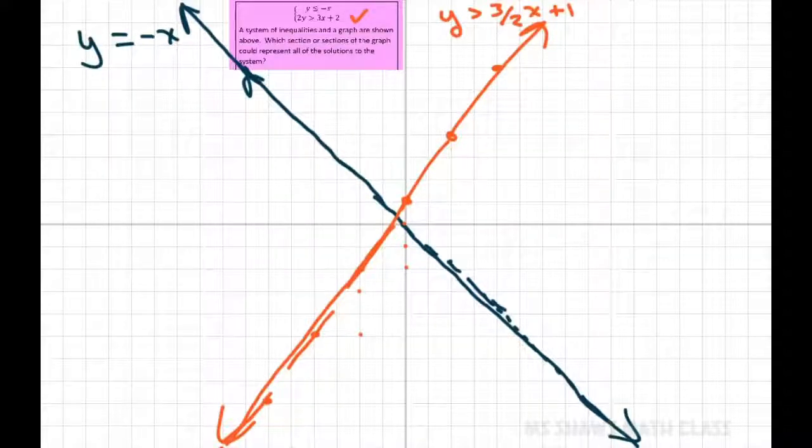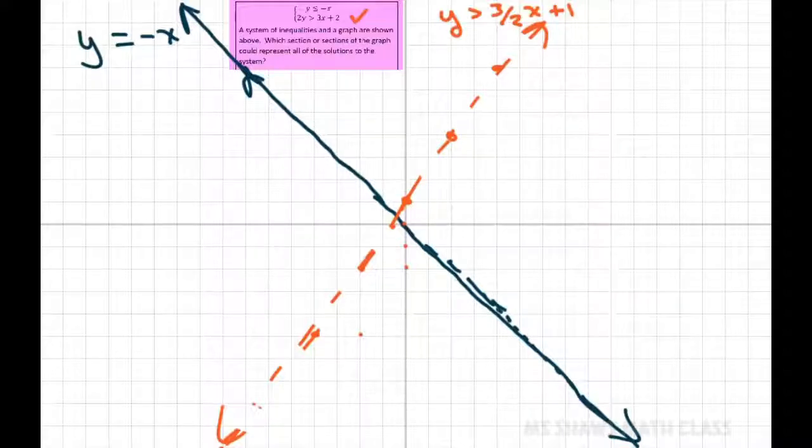And now we're going to shade. This red line said it's greater than but not equal to. So I'm going to go through here and just delete this and make it a dashed line. So I'll do another dash. Here's another dash. There's another dash.